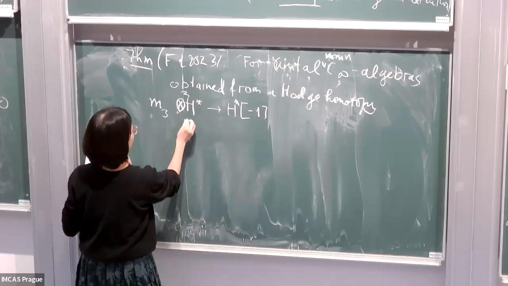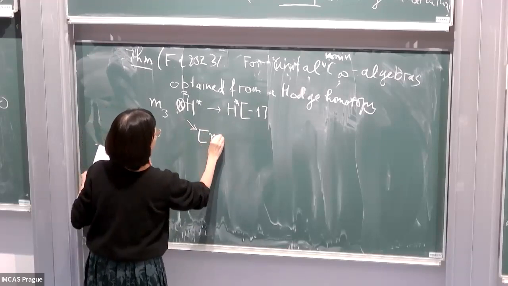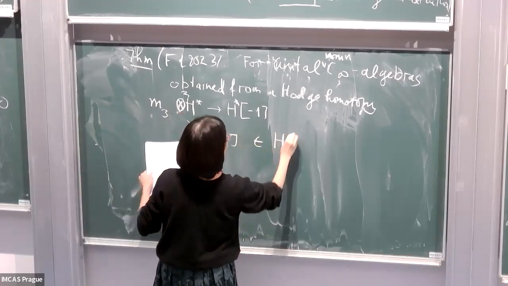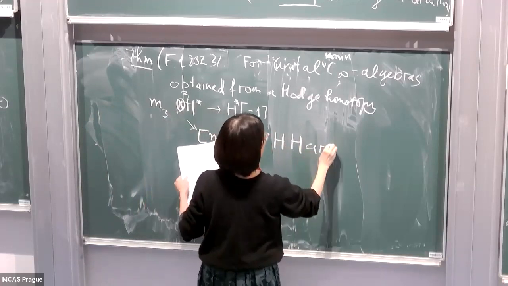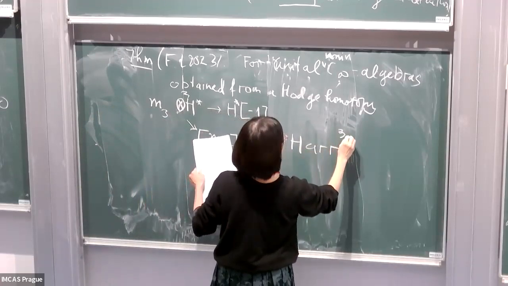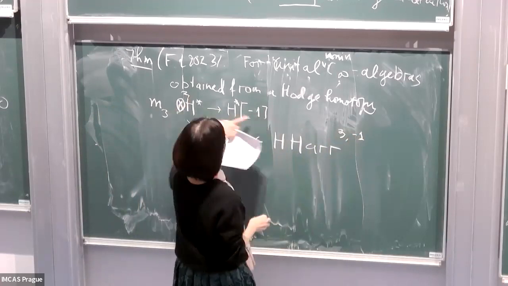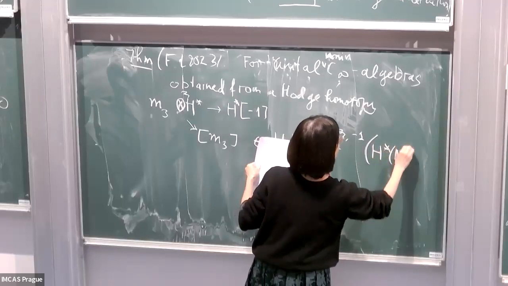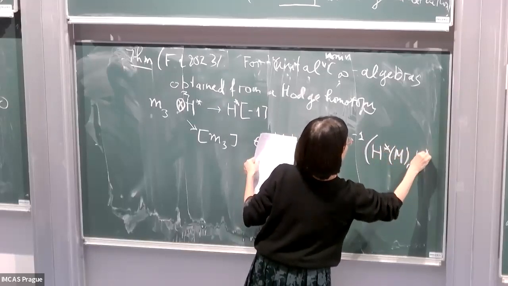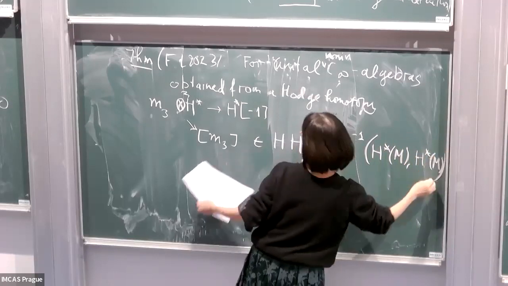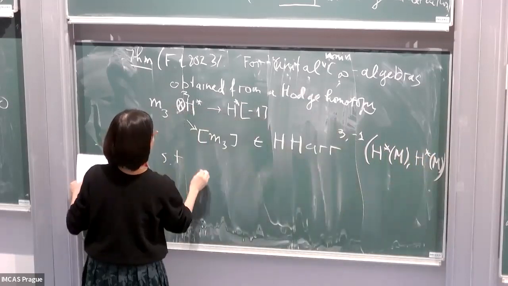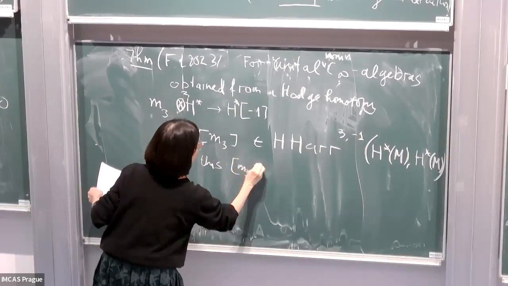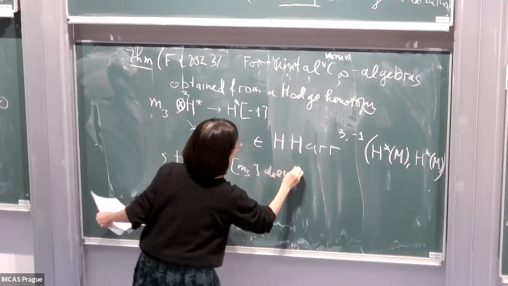So you can define an element M3 in the Harrison cohomology class, with the 3 and the -1 here, of the cohomology algebra, with values in the same cohomology, and M3 does not depend on the Hodge homotopy.